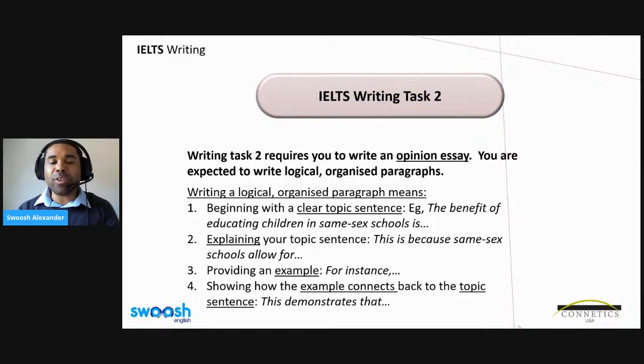And then for the final part of the paragraph, we would explain how the example connects back to the topic. So we could state that this demonstrates, or this shows, that there would be high levels of concentration in a same-sex school, and this is a clear benefit. So everything should be linked, everything should be organized, and there should be a clear purpose for each sentence that you write in the main body paragraphs of your essays.